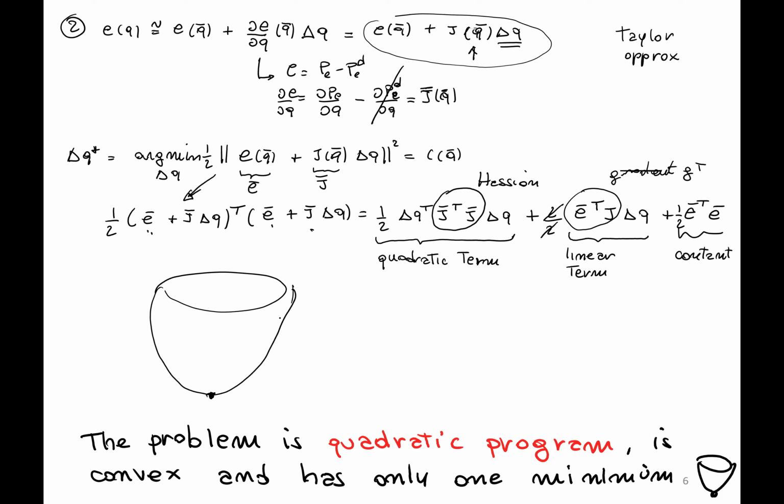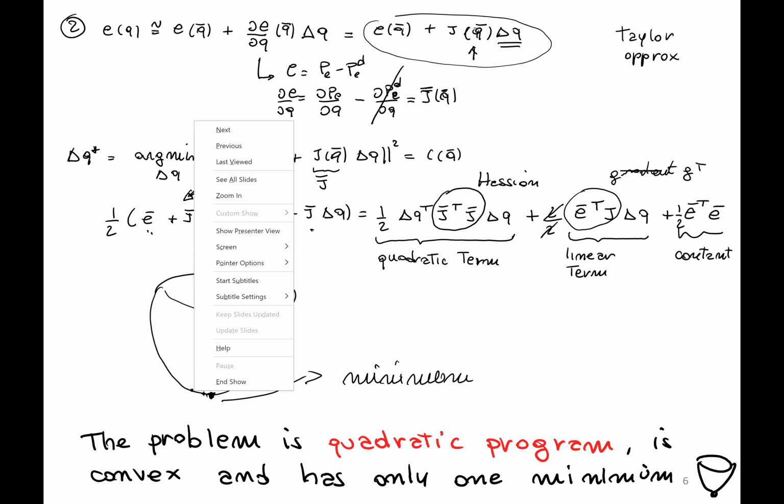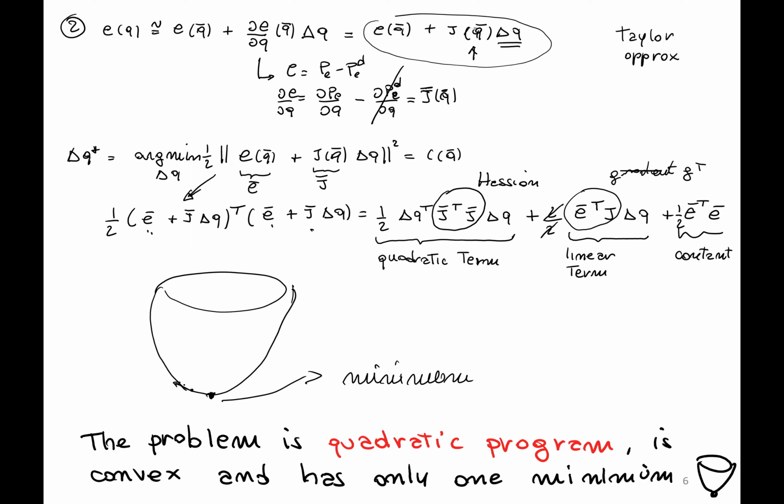So we know that if we find a point where the gradient is 0, we are sure it is the minimum. Very nice, no problems. Because if it's not 0, it means that the gradient is the direction in the n-dimensional space where you have an increase of the function. It means that if it's non-zero, there is a point in which the gradient is non-zero, and so it's not the minimum, while here the gradient is 0.